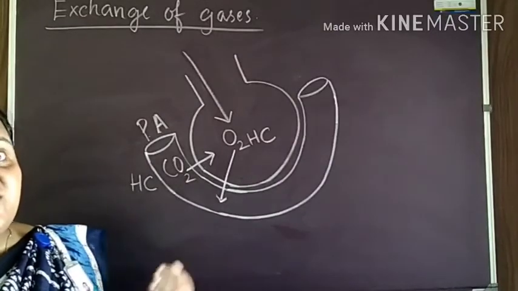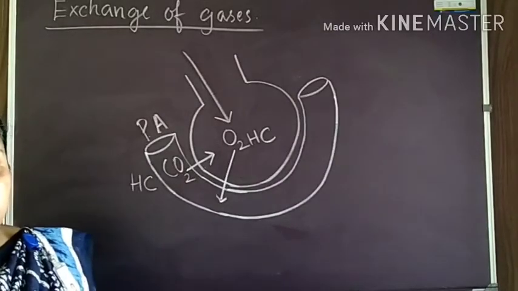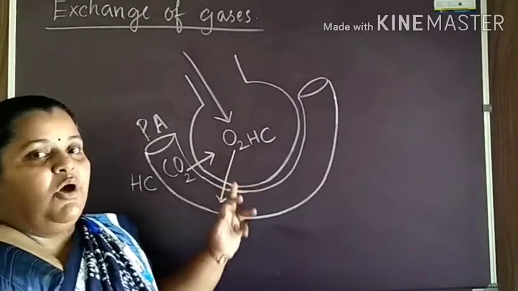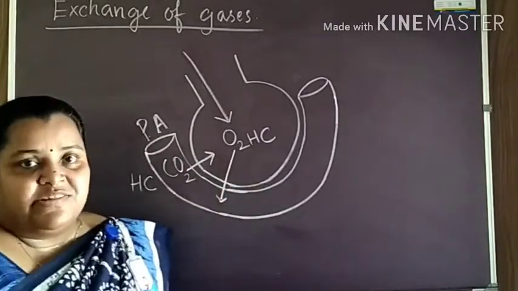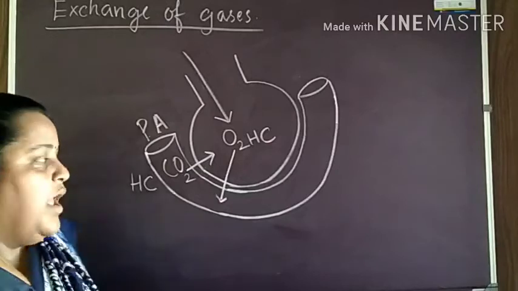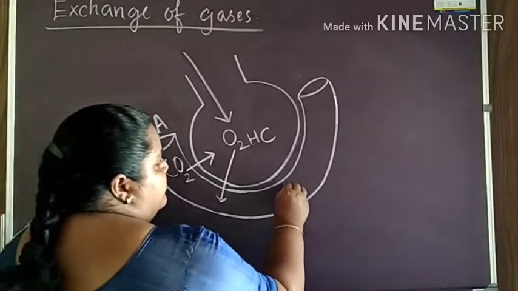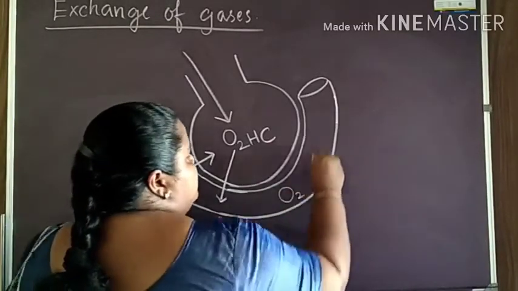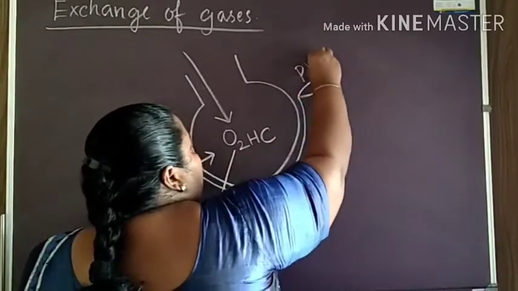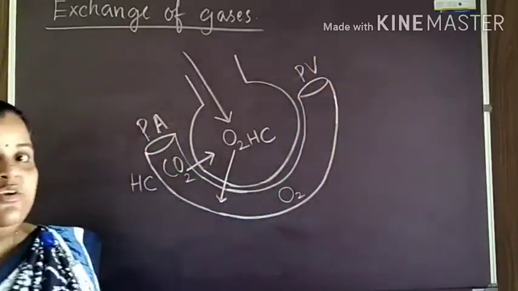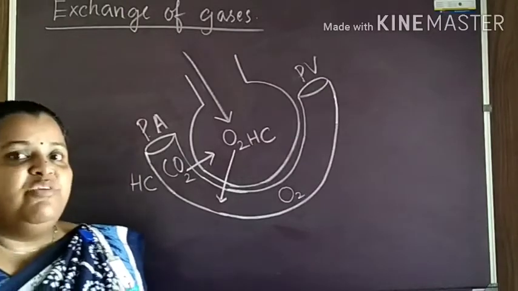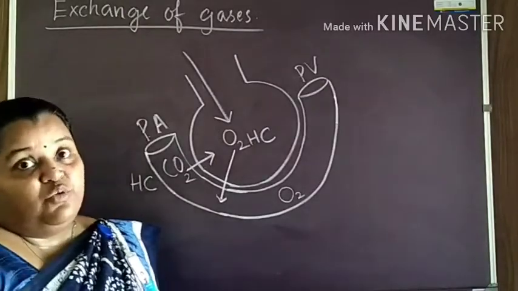Thus, exchange of gases takes place between the alveoli and the capillaries. And the blood, which is rich in oxygen, is carried by the pulmonary vein to the heart and it is carried to different parts of our body through the aorta.